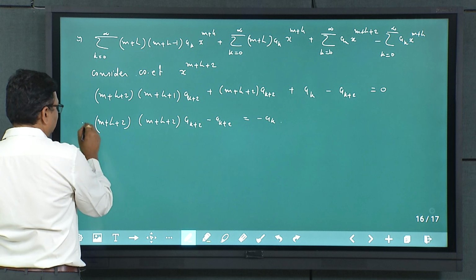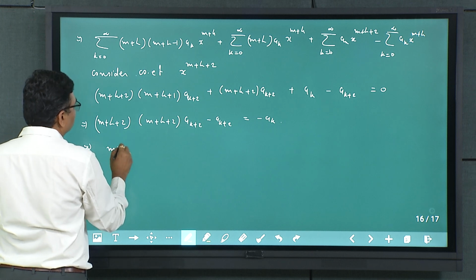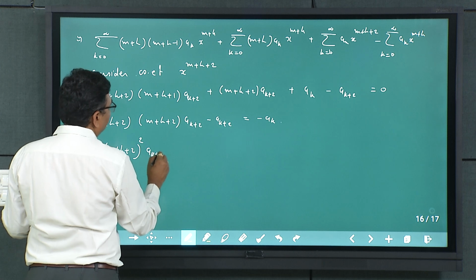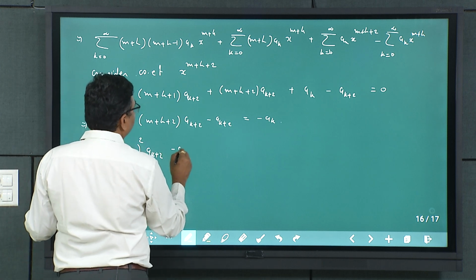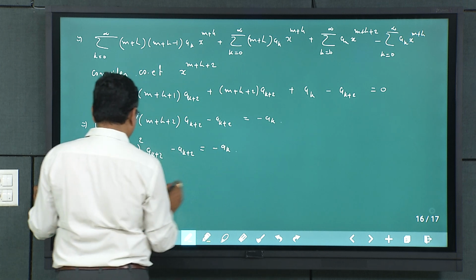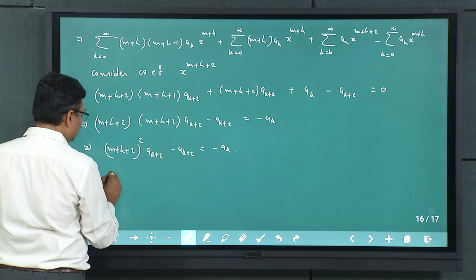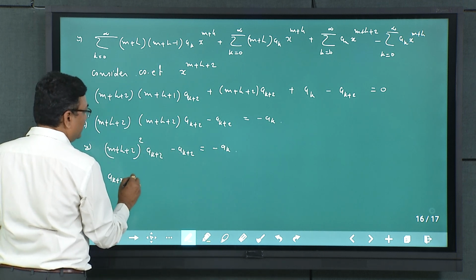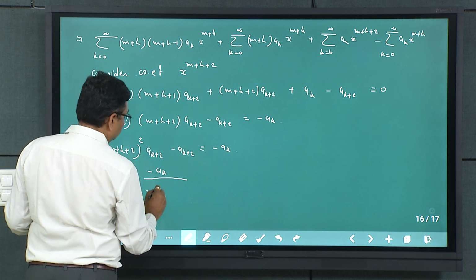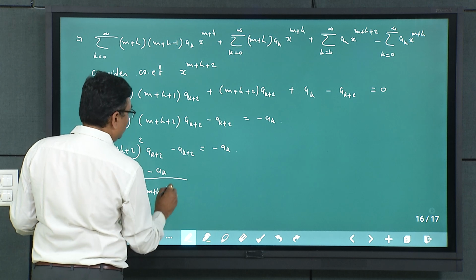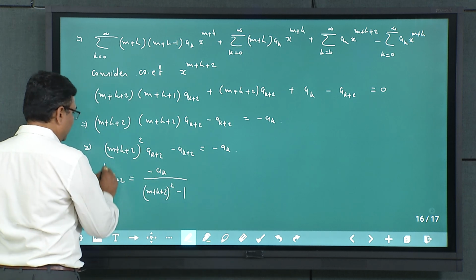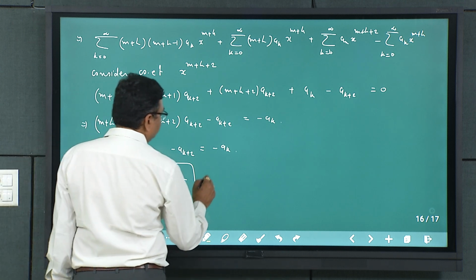So this implies m plus k plus 2 whole square into a k plus 2 minus a k plus 2 is equal to minus a k. So this implies a k plus 2 is equal to minus a k upon m plus k plus 2 whole square minus 1, right. So this is my recurrence relation.